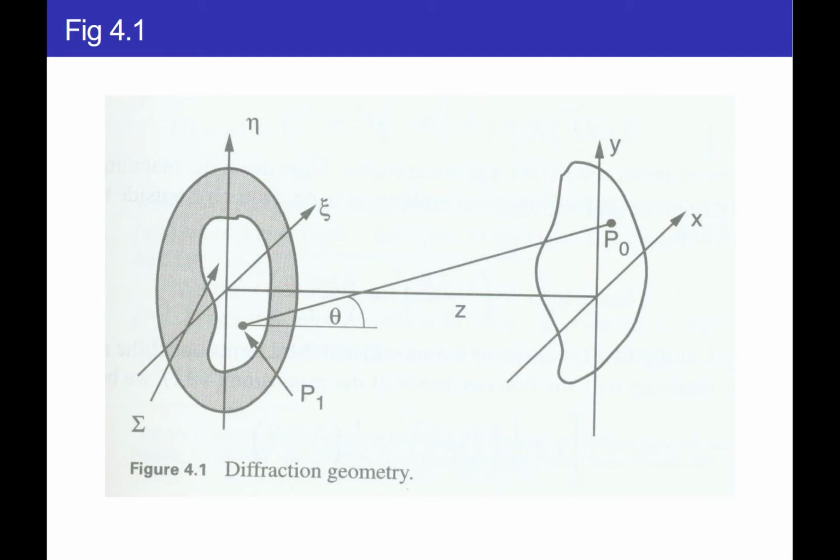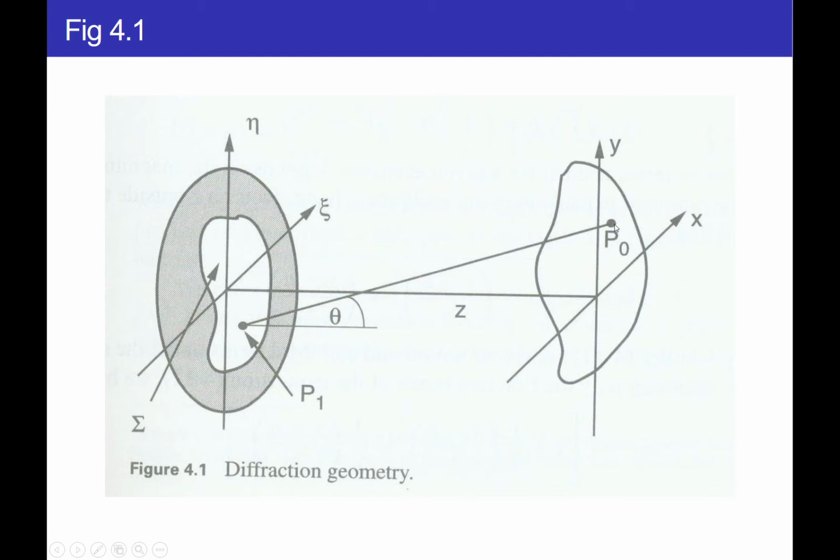Similar to what we have learned in the previous class, we are going to have this coordinate xi and eta for the aperture coordinate and x and y for our observation point.